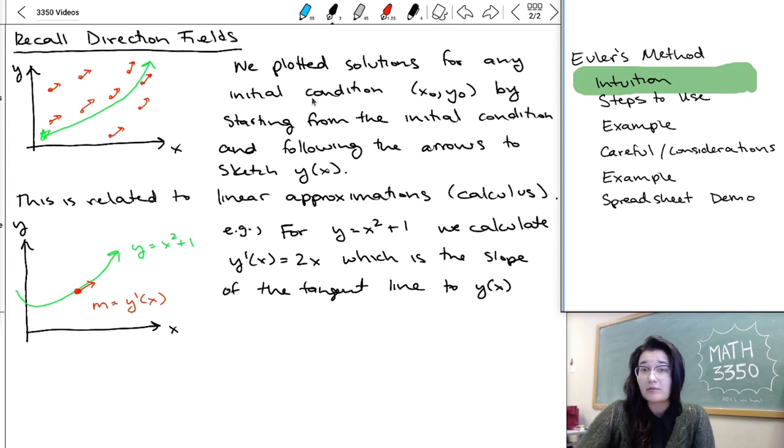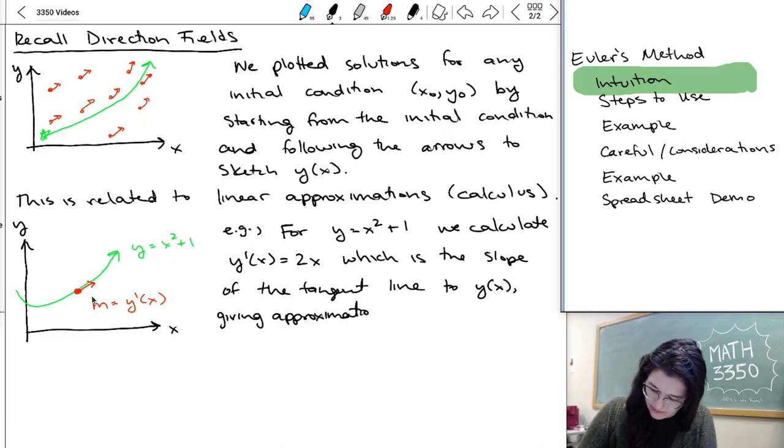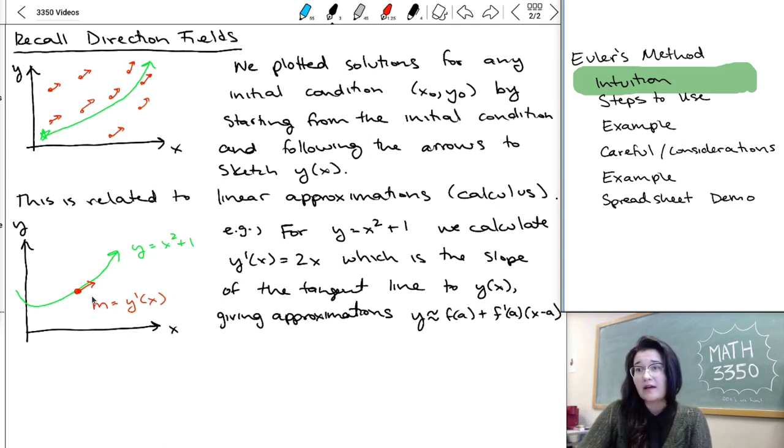And at any point, you can plug in that x value to actually get that slope. And then you probably would have moved on to building approximations, where you could say y is approximately f of a plus f prime of a times x minus a. Or like a tangent plane approximation with multiple variables when you got to Calc 3. Hopefully you recall doing that.